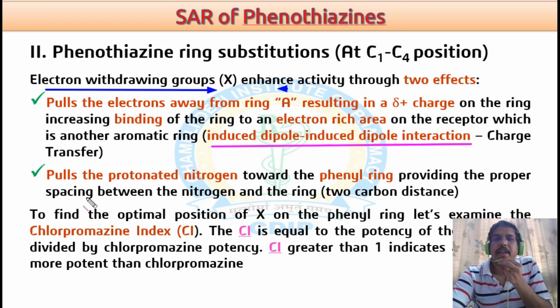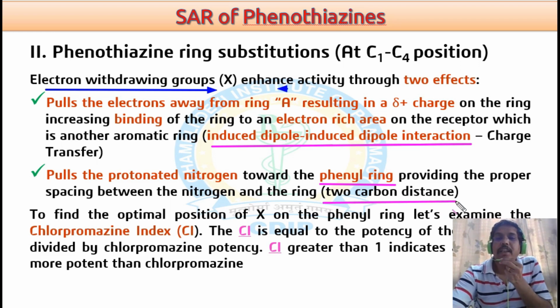Apart from that, it pulls the protonated nitrogens of side chain, that is the gamma substituted nitrogens, towards the phenyl ring, providing the proper spacing between the nitrogen and the ring, that is 2 carbon distance.